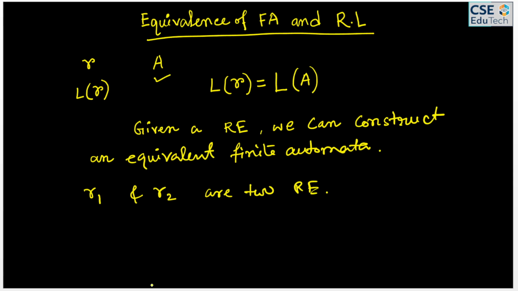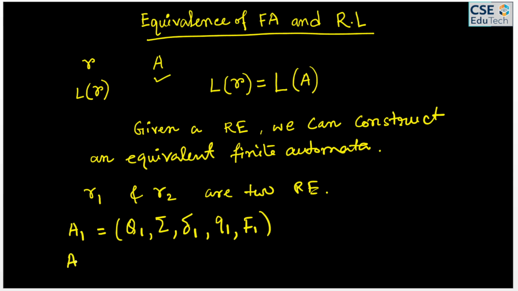And suppose there exists a finite automata A1, which is defined by Q1, sigma, delta 1, q1 and F1, and another automata A2, which is defined by Q2, sigma, delta 2, q2 and F2.